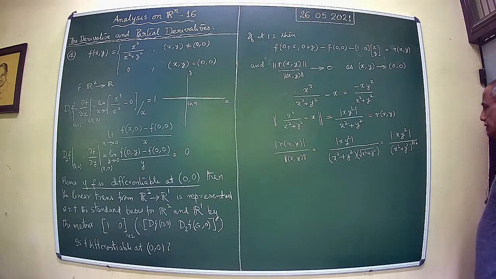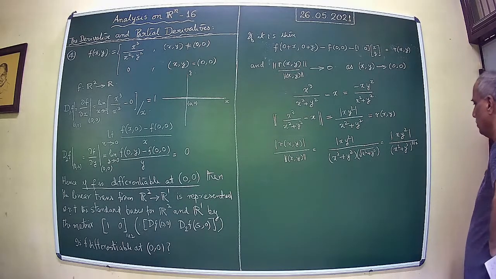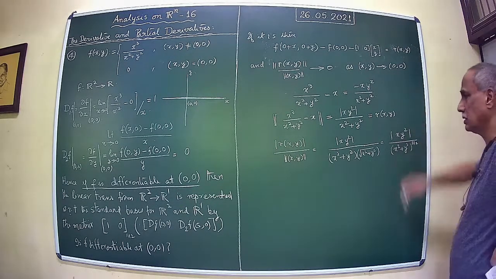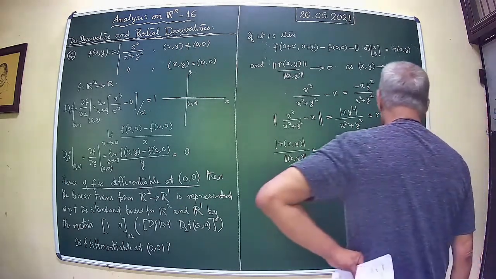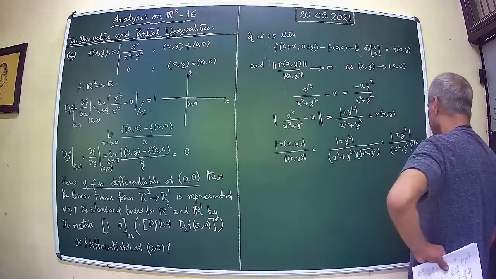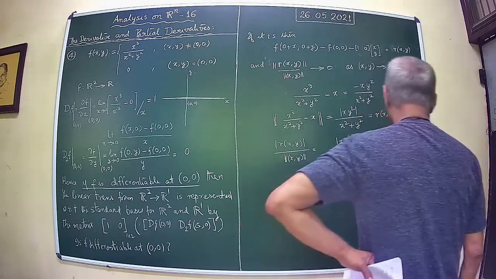Now you see that as x tends to 0, y tends to 0, this is bounded. I mean this does not go to 0. That is quite easy to see.